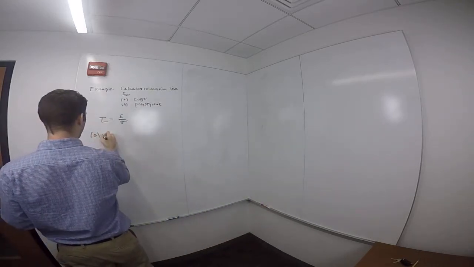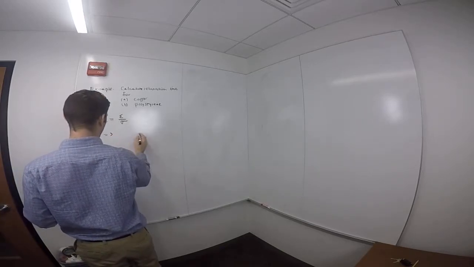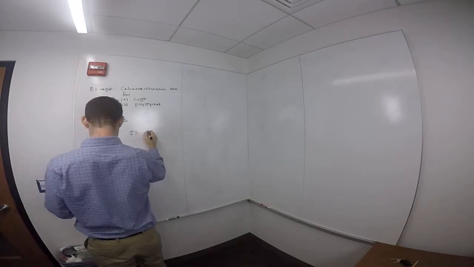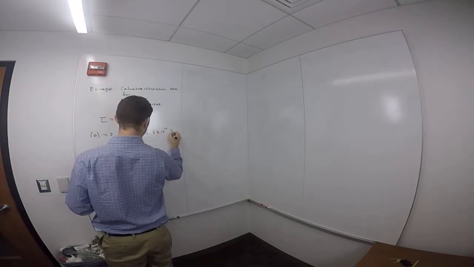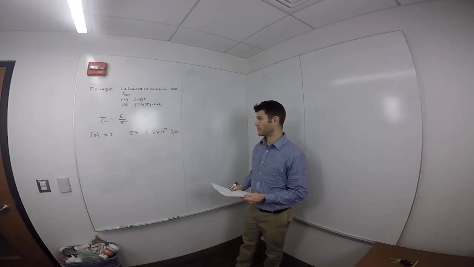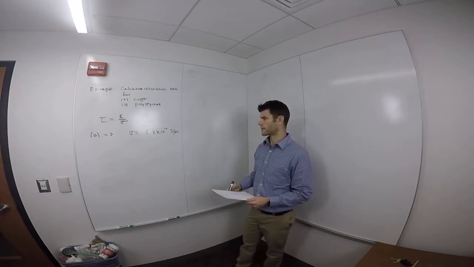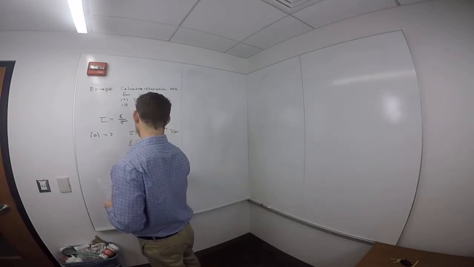Copper has a conductivity of 5.8 times 10 to the 7 Siemens per meter, right? So you see it has a very large conductivity, which we'd expect because it's a good conductor.